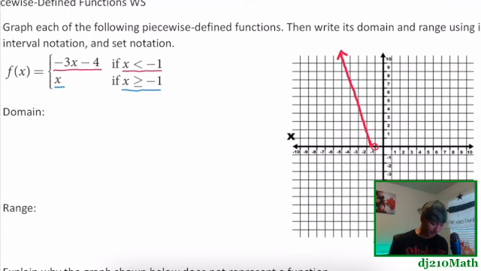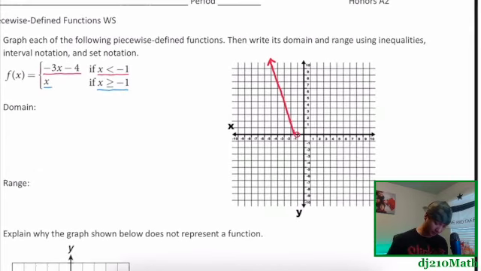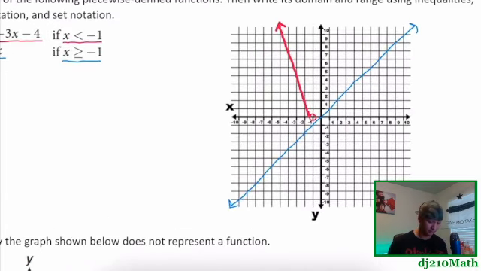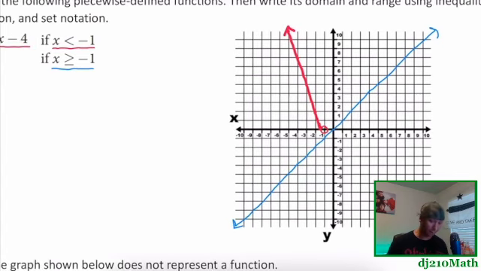At y equals x, f of x equals x. That's the 45-degree line through the origin. It looks like this. But again, we don't want the entire line. I don't want y is equal to x.